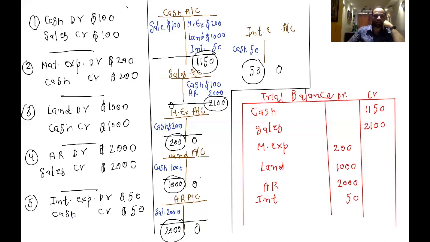And we check whether the balance of these two sides is equal or not equal. So it's 2, 3, 3, 2, 5, 0.